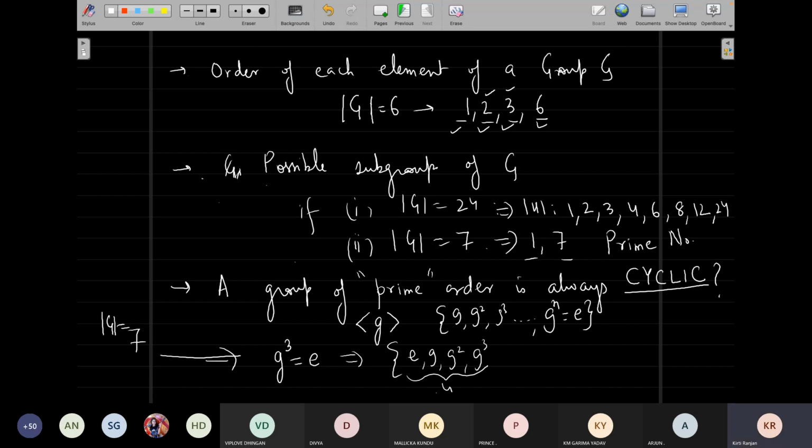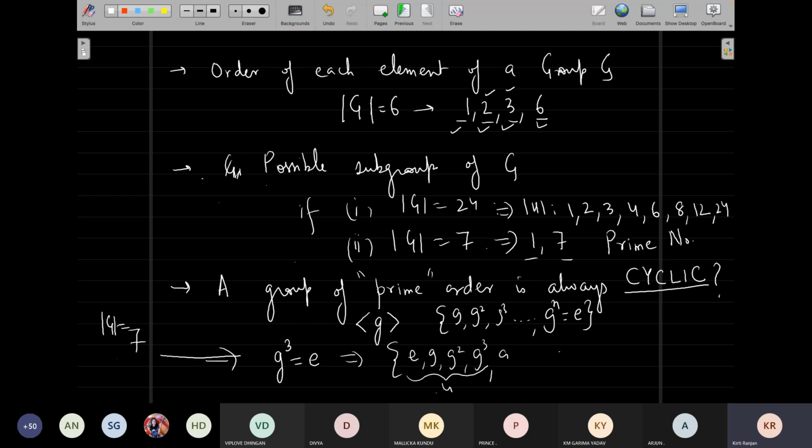But such a subgroup is not possible for a group of order 7 because of Lagrange theorem, right? So any element of the group having order less than this prime order is not possible, because that will go against the Lagrange theorem.